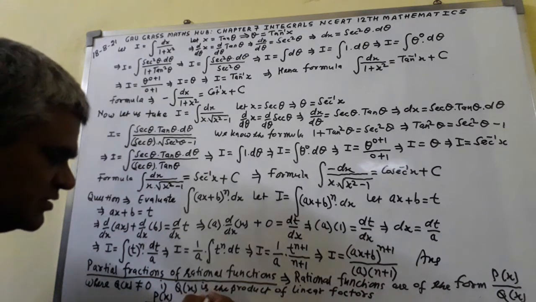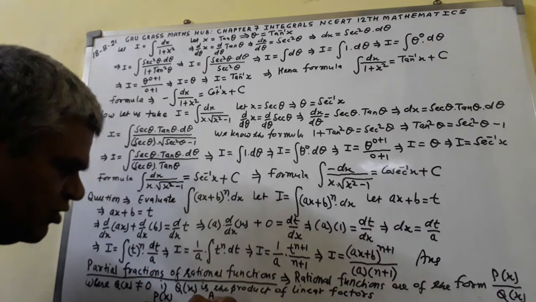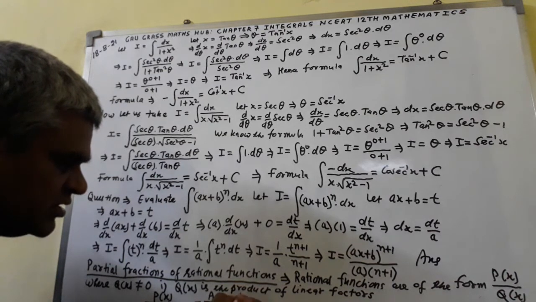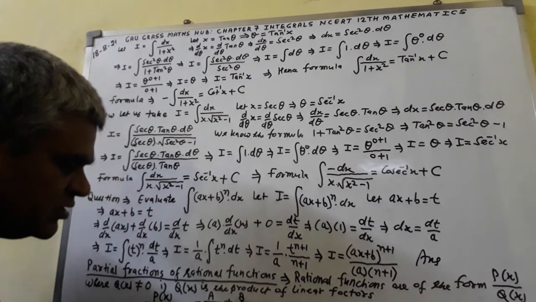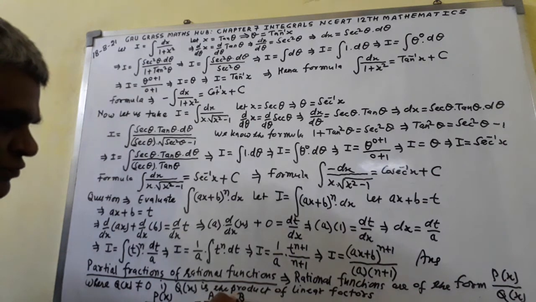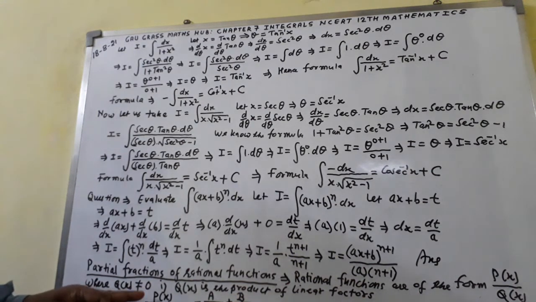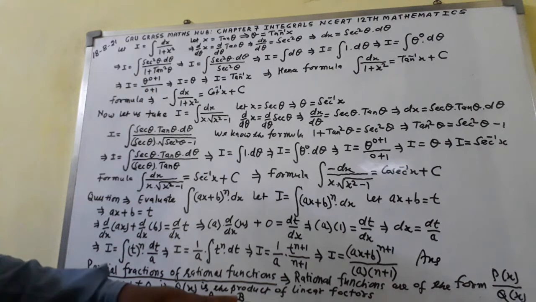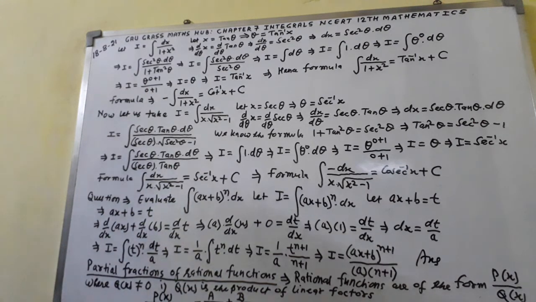We shall get a over x plus a plus b over x plus b. Here x plus a is a linear factor, x plus b is also a linear factor.